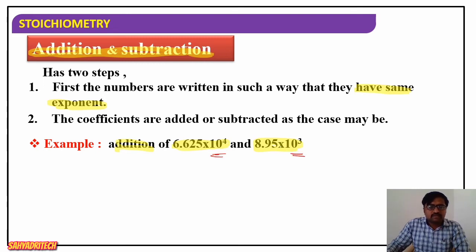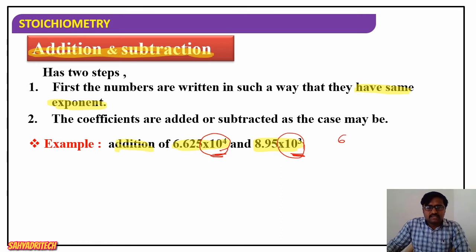In the first number, the exponent is 4, 10 raised to 4. In the second number, it is 10 raised to 3. So the exponents are not the same. Then you have to make the exponents common.